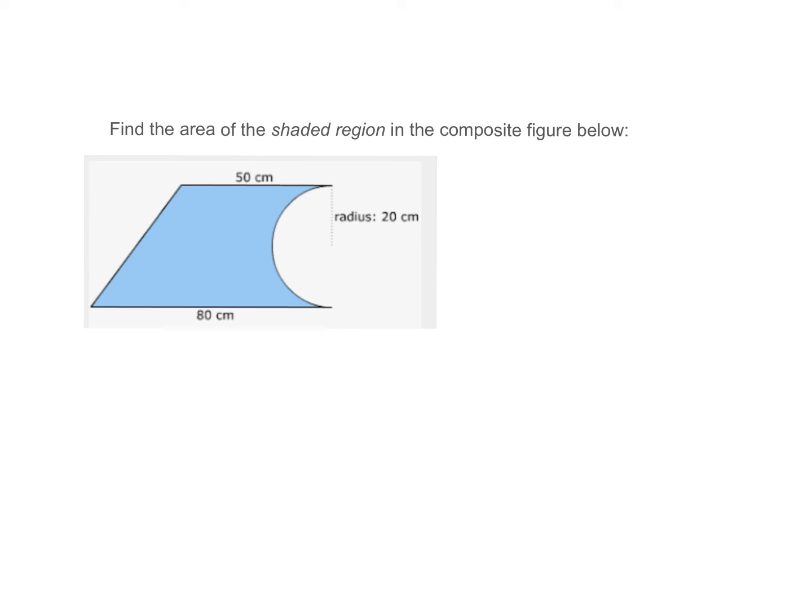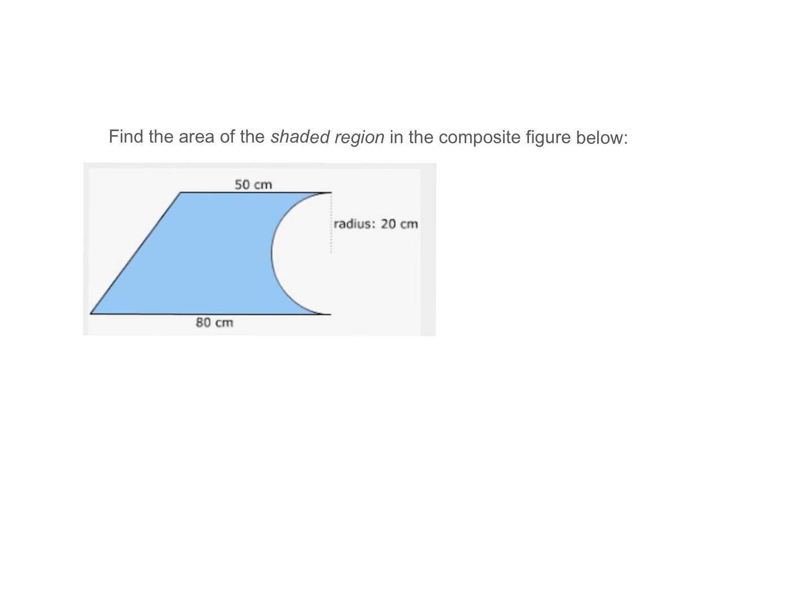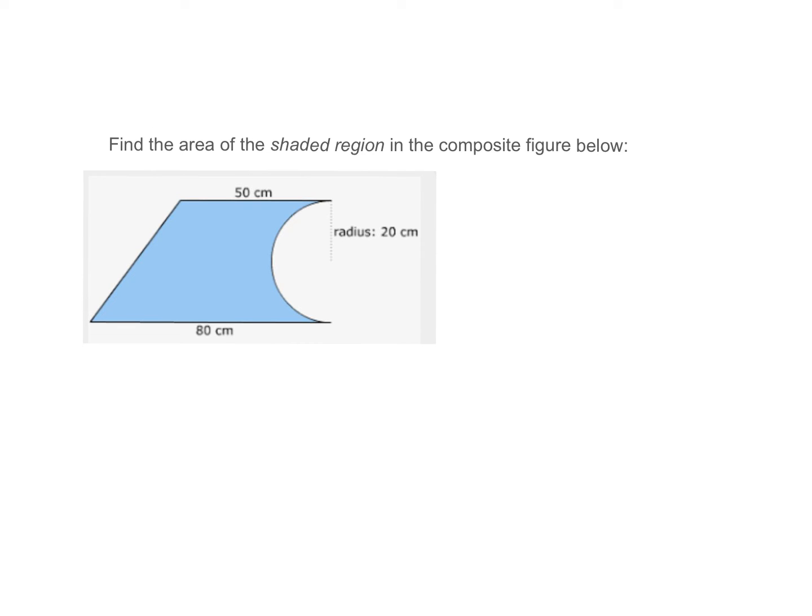So we have, if I were to, my goodness, I always do that. If I were to draw this line right here, we can see that we have a trapezoid. Here's my base 1, here's my base 2.